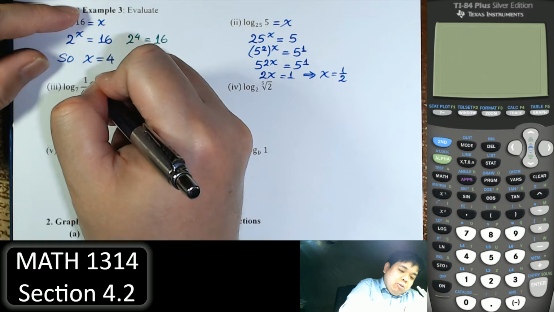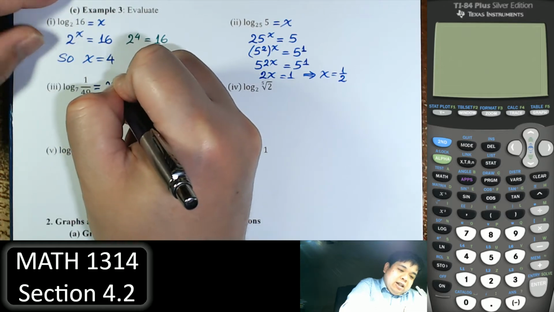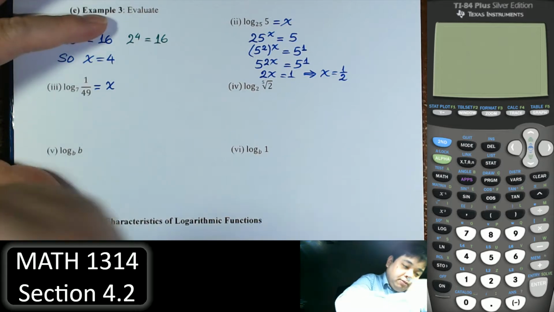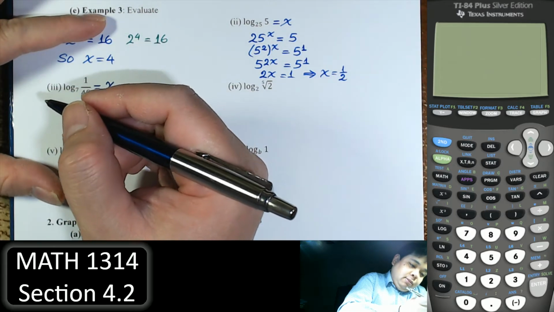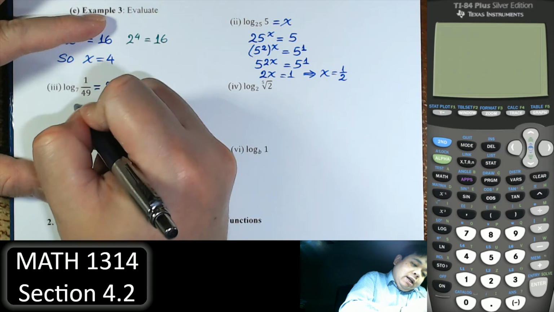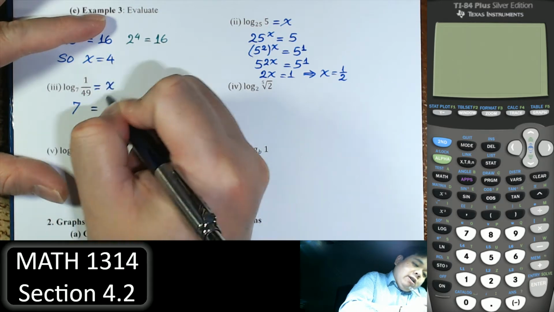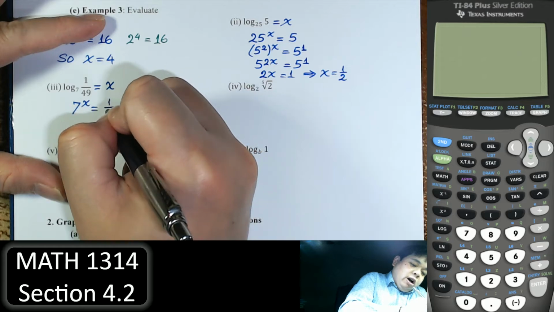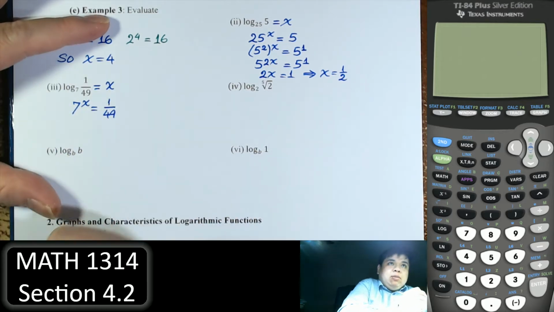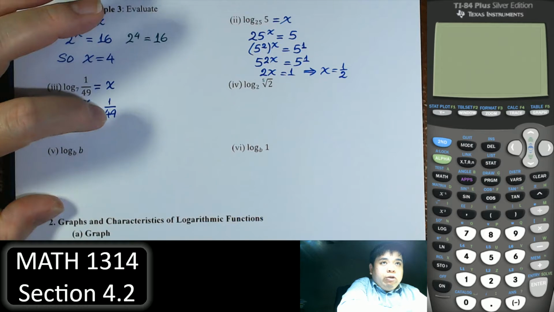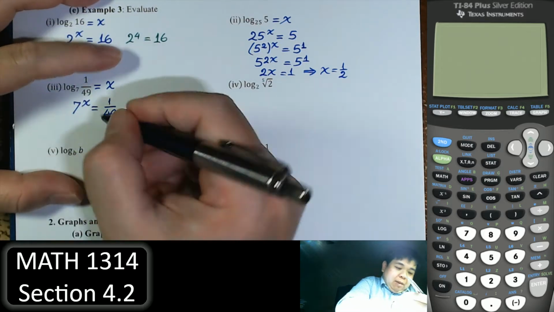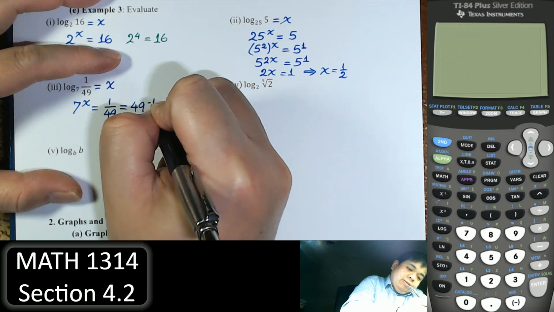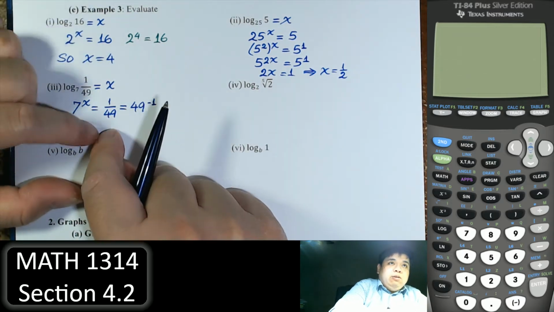Log base 7 of 1 over 49. Again, if we don't know, make that equal to x. And now we swap. The base of 7, x goes to the other side, 1 over 49 goes to this side. Now, 1 over 49, if we move it from the bottom to the top, becomes 49 to the -1.